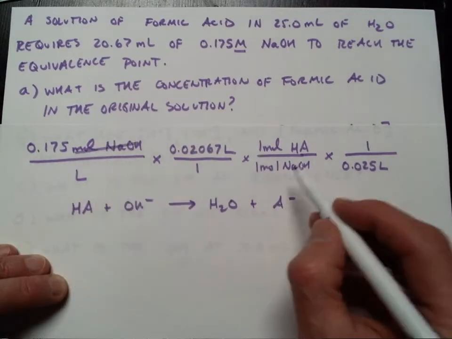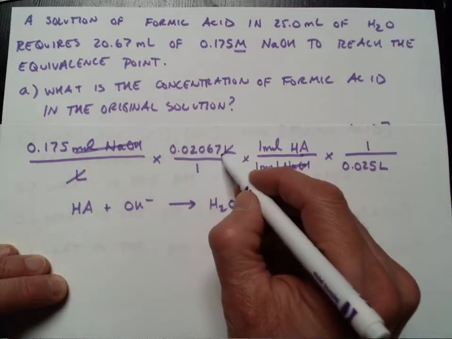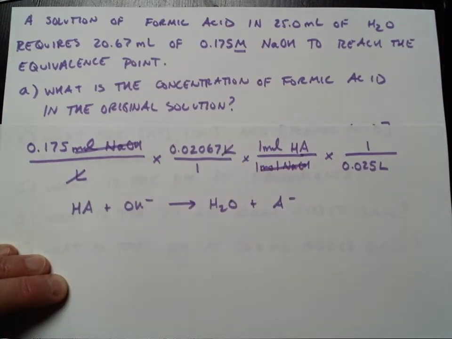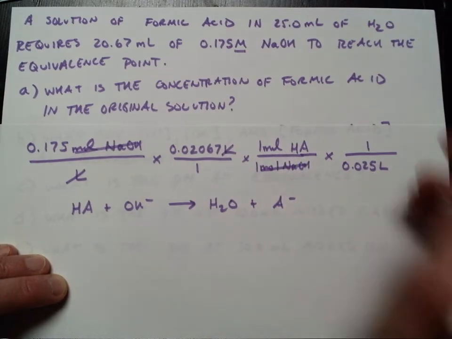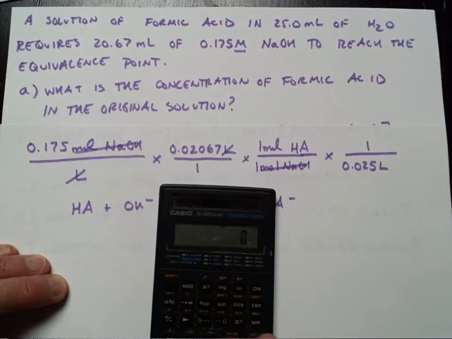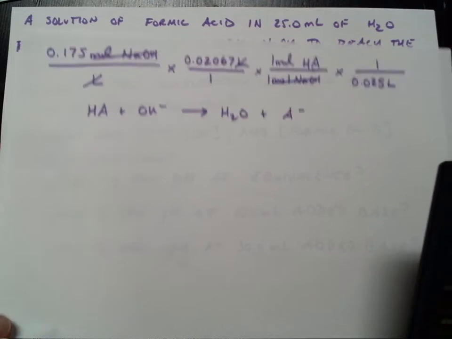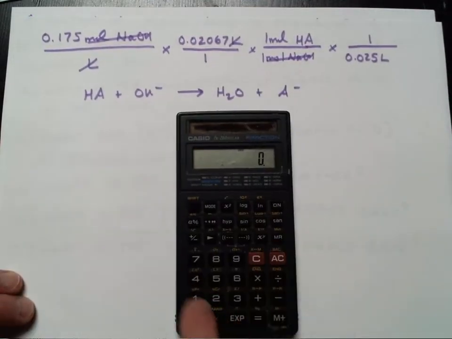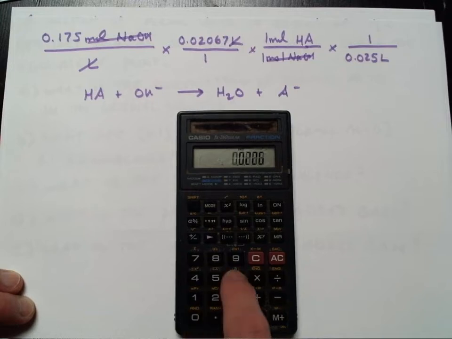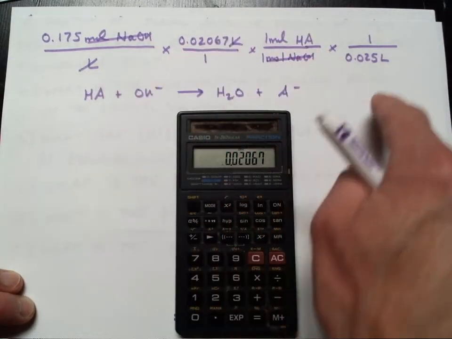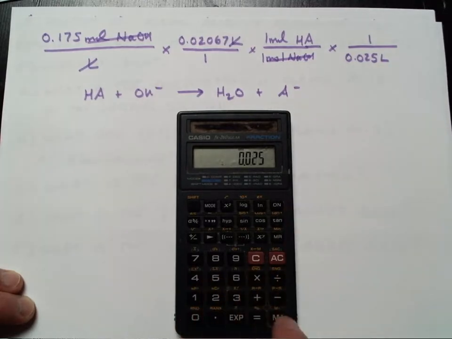Moles of sodium hydroxide cancels moles of sodium hydroxide. The liters of the sodium hydroxide solution cancels the liters of the sodium hydroxide solution, and I have moles of my weak acid, formic acid, per liter. That's molarity. So now I just got to do the math. 0.175 times 0.02067 times 1 divided by 1 times 1 divided by 0.025.